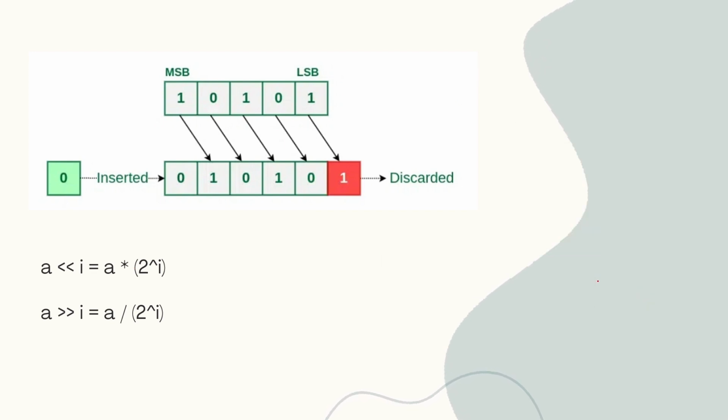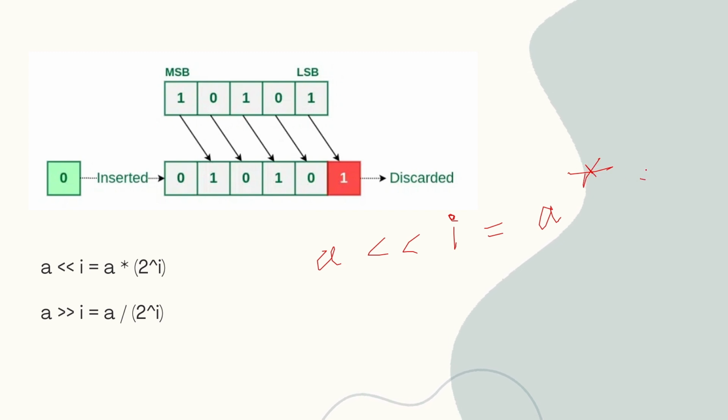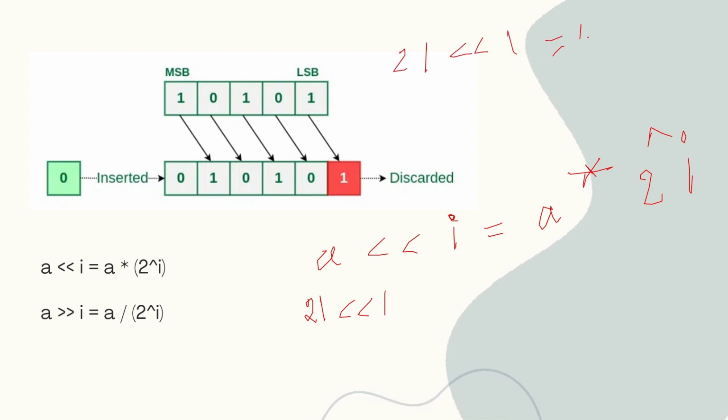Instead of that, if you are given an integer to left shift I times, for one time you know it, but for I times, then simply you are going to multiply that integer with 2 power I. That means if you want 21 left shift one time, previously we have got the answer, right? What is the answer? 21 left shift 1, we have got 42, right? If you have remembered previously. So I will use the formula here.